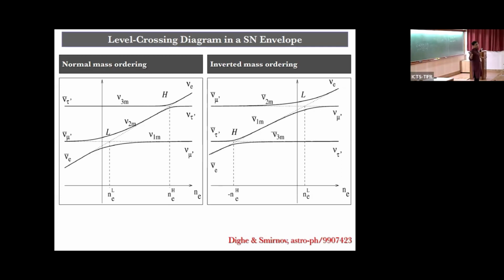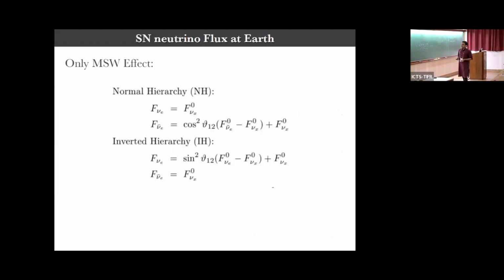So if you go back to this paper, that was one of the reasons it is also famous, because it simplified what people were doing even earlier. For different scenarios, there are different results which came up, but of course this is almost more than 20 years old now. So now with the values of the mixing angles that we know, you can calculate the PH and PL, and if you do not have any collective effect, your flux expressions are pretty straightforward.